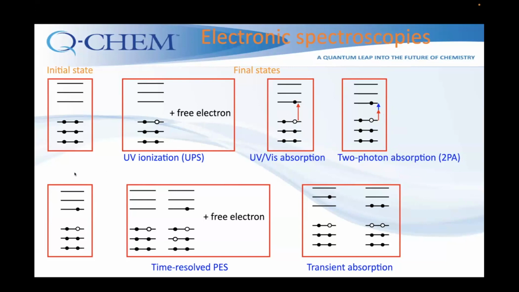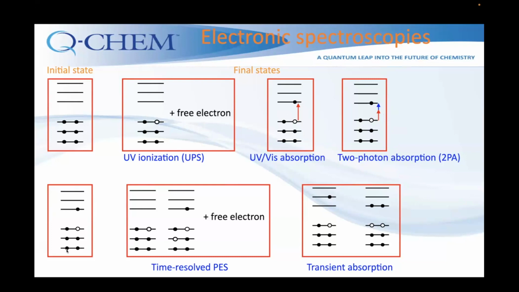Now, a very popular flavor of electronic spectroscopies is the so-called pump-probe experiments, where you initiate a process by electronic excitation and then come with a second laser and probe the dynamics of the excited state. It's called transient spectroscopy.